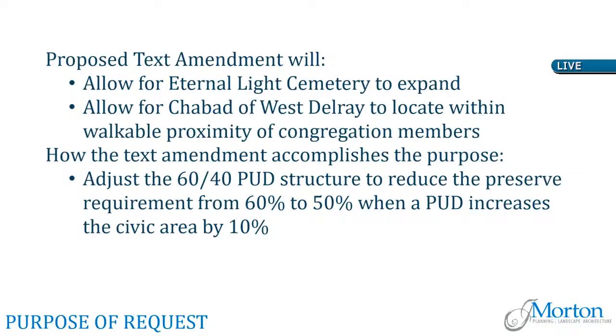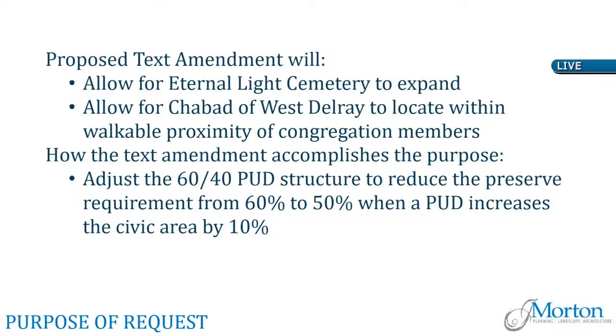The proposed amendment is narrowly written to allow a recognition of a long-standing civic use known as Eternal Light Cemetery to expand and to continue to serve the next generation, as well as to allow Chabad of West Delray to establish a permanent home near its congregants on a 5-acre parcel currently owned by GL Homes.